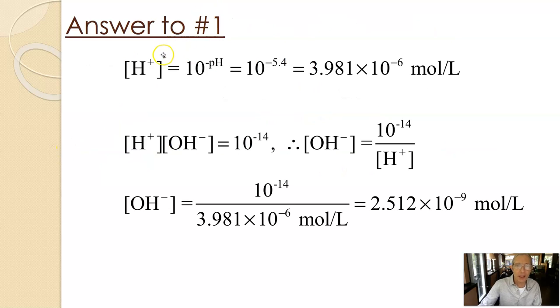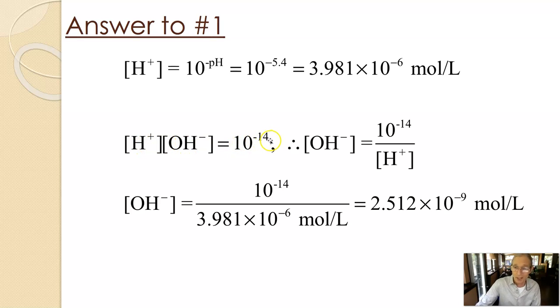So first we'll start with calculating the hydrogen ion concentration, right? It's 10 to the negative pH, so that's 10 to the negative 5.4. And with 3 decimal places in the coefficient for scientific notation, it's 3.981 times 10 to the negative 6 mole per liter. Okay? Now, to determine the hydroxide ion concentration, we know the product of the two is 10 to the negative 14.